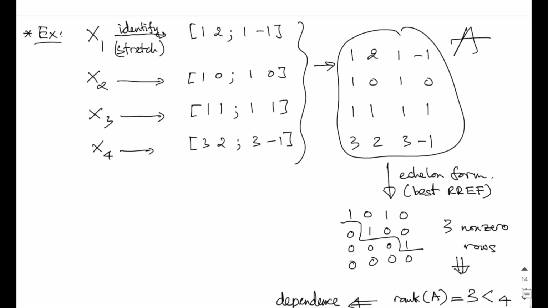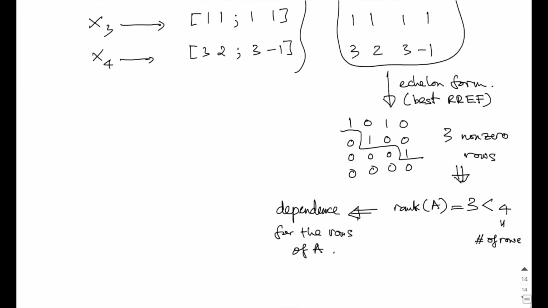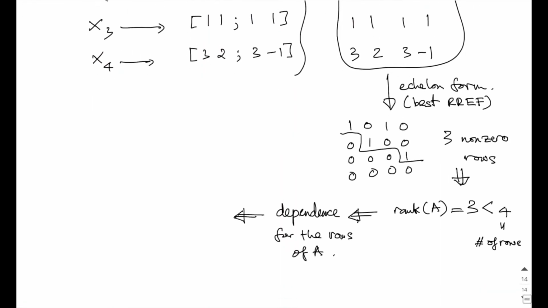But look, what are the rows of A? They are these, and these are actually x1, x2, x3, x4 written in another way. So this implies that x1, x2, x3, x4 are linearly dependent.